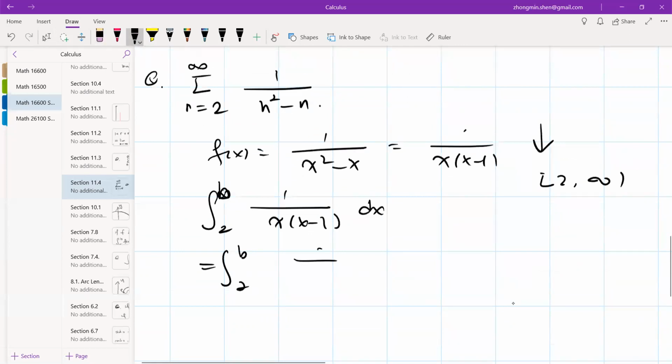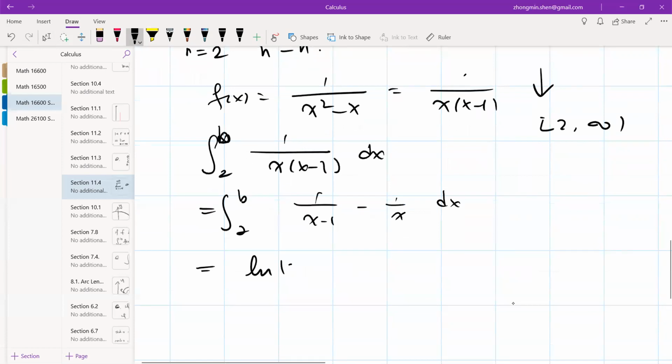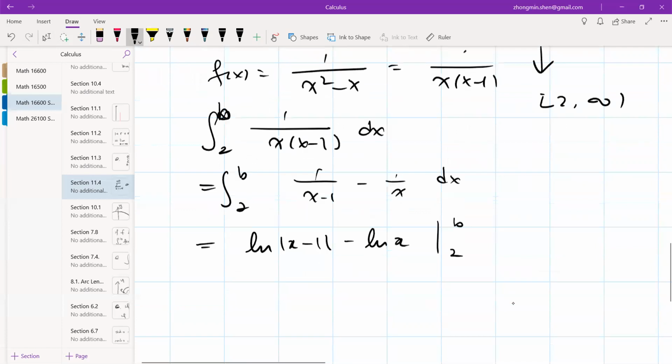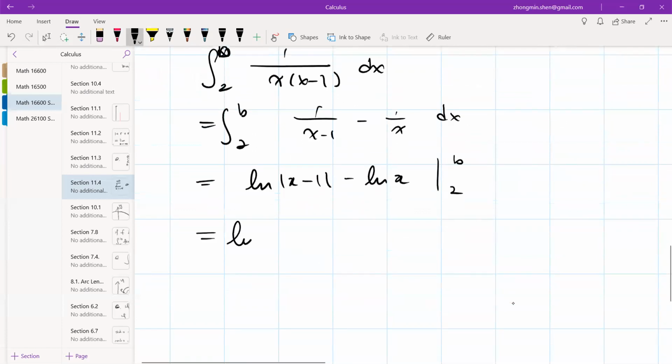I just directly write down the function, so it takes time. Then you evaluate its absolute value, which is positive when x is positive, at 2 and at the endpoint b. And that is going to be the natural log of (b minus 1) over b, minus the natural log of (2 minus 1) over 2.